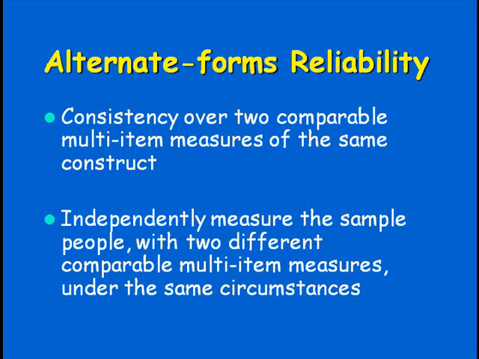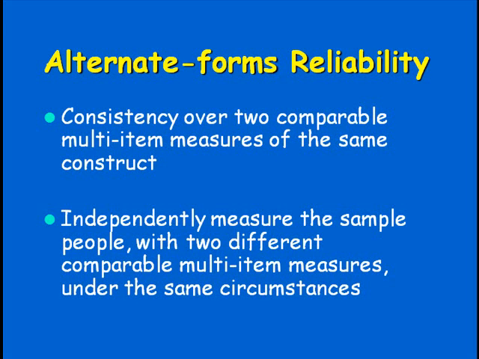Let's say over the course of a couple years, I developed two depression instruments, depression scale number 1 and depression scale number 2. And I believe that I've taken great pains to have them have comparable items on each scale.